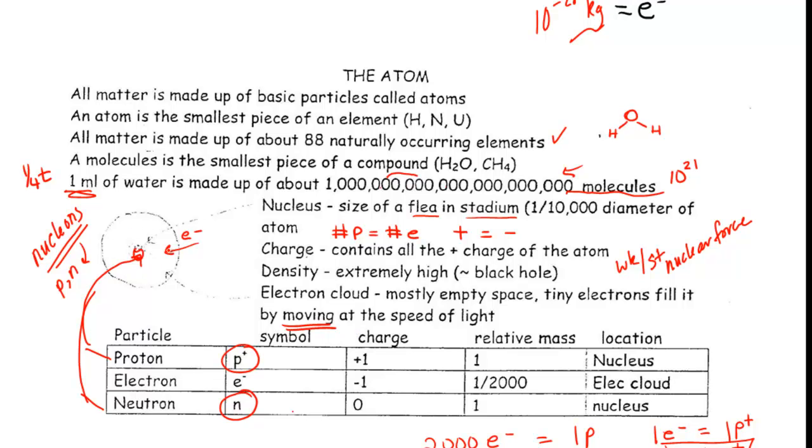But you can think of those electrons filling that space the way you might think of the propellers of an airplane, where you could throw a ball between the propeller when it's stationary, but once you turn the plane on, it looks like that propeller is filling the entire space. And if you then tried to throw a ball through the propellers, it would just bounce right back at you. This is our model for the atom.